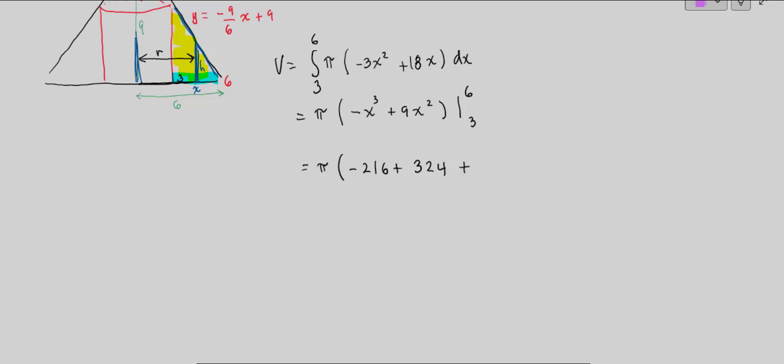So we're going to add 3 cubed, which is 27, but then we're going to subtract off 9 times 9, which is 81. Now we're going to do all the math right there, and I'm thinking that this will all add up to 54. So our volume will be 54 times pi.